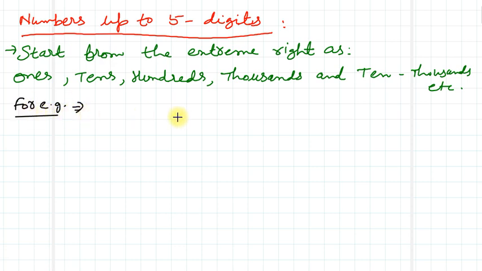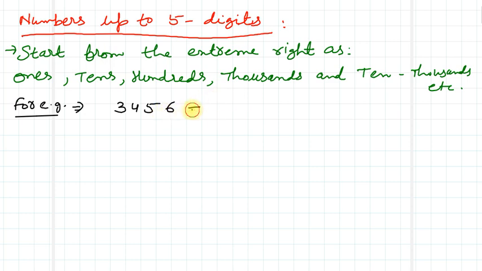What is a numeral? A numeral is a group of digits. So here I am giving you the example. Suppose I write a numeral 3, 4, 5 and 6. Right.